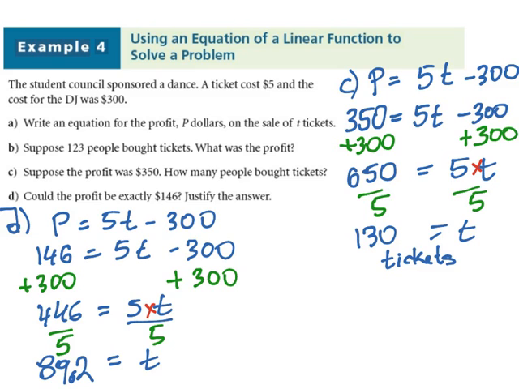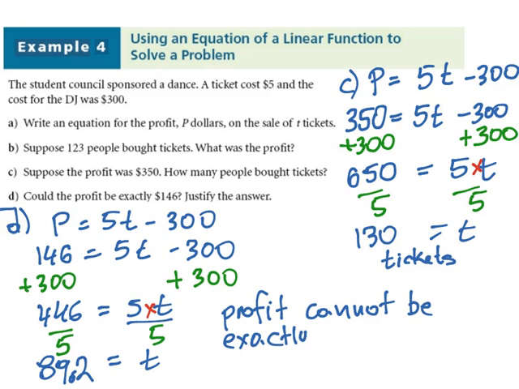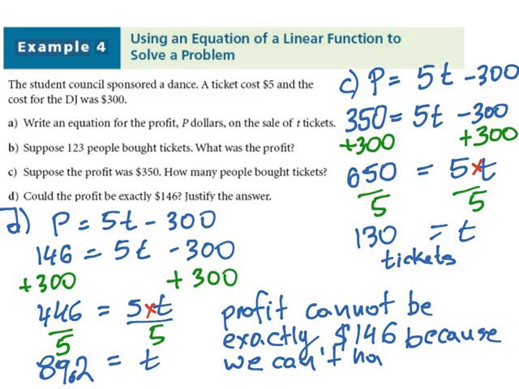That is why the profit cannot be exactly $146, because we can't have a fraction of a ticket.